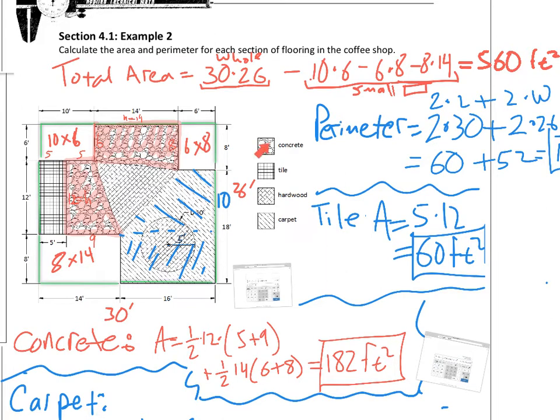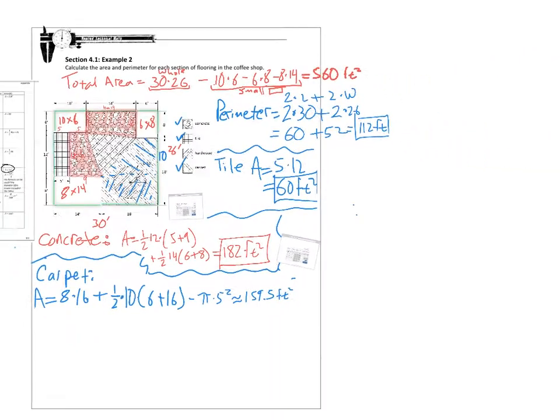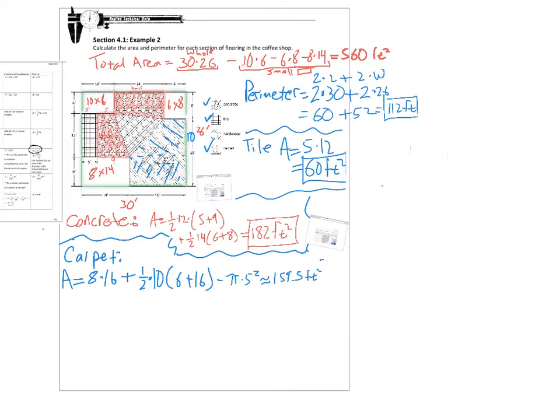We found all the other shapes. We found concrete, check. Tile, check. Carpet, check. We just need the hardwood. So if we subtract each of these boxes from 560, we have what's left, which is hardwood. That triangle is going to be tricky to find, so let's do that.